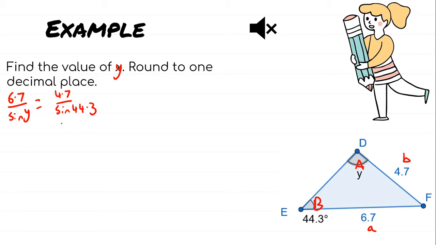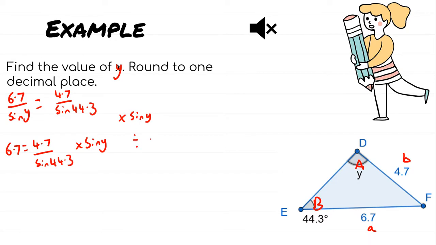Okay, thinking about rearranging this, if we times both sides by sine y, we're going to get 6.7 is equal to 4.7 over sine 44.3 times sine y.